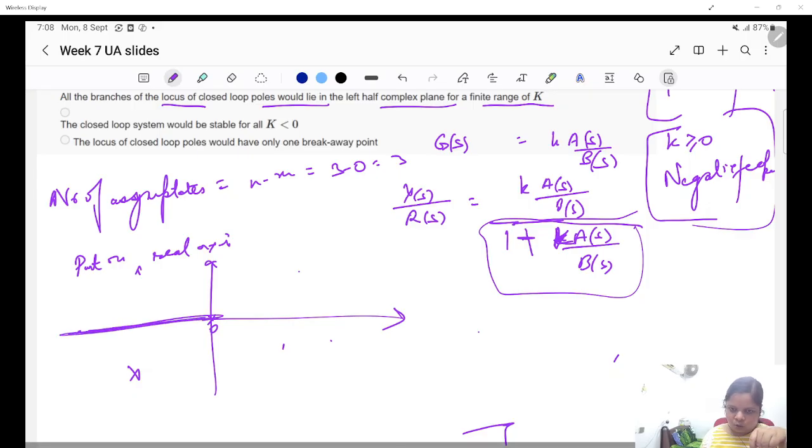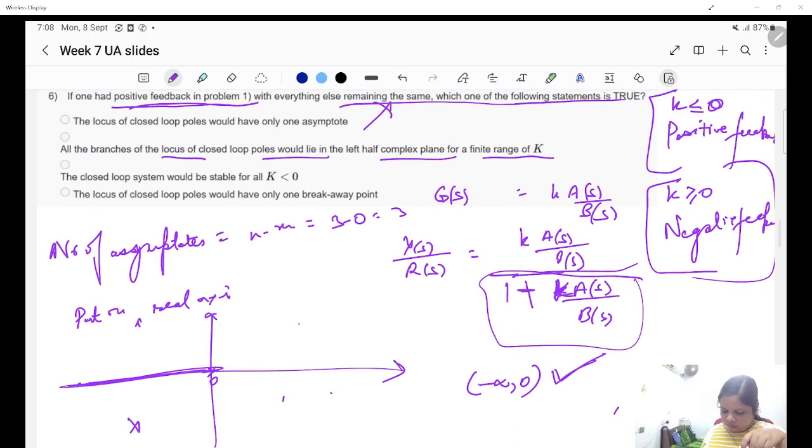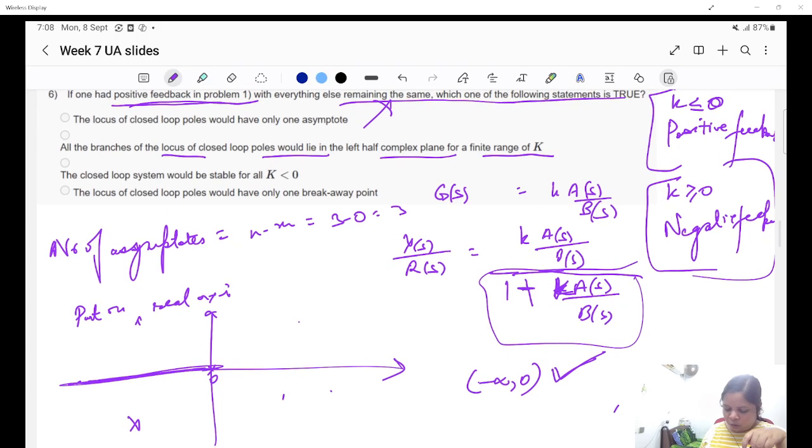Minus infinity to 0 is the region for which we want to talk. Now we want to check all the branches if they would forever lie in the left half of the complex plane or not. What should we do for checking that?